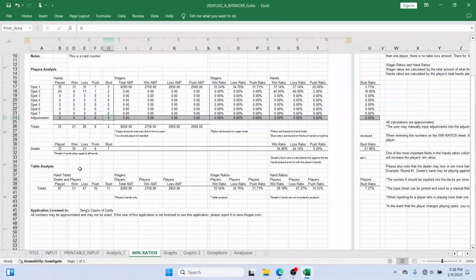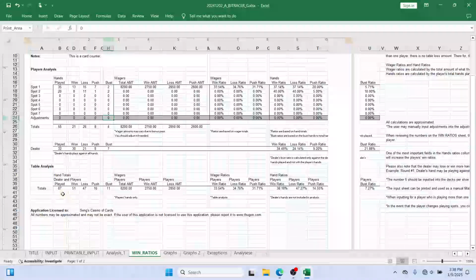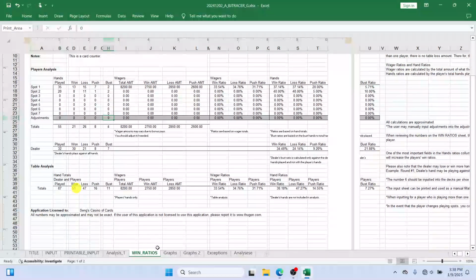Okay, table analysis. Table analysis is where it combines the dealers and players. So you have 87 hands that were played, winnings were 51, losses, push, bust, and the total amount played combined, player win, player loss.